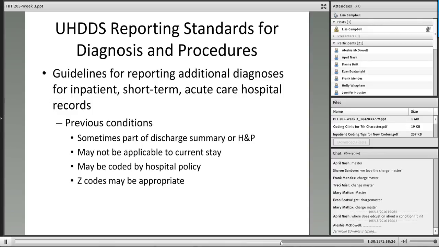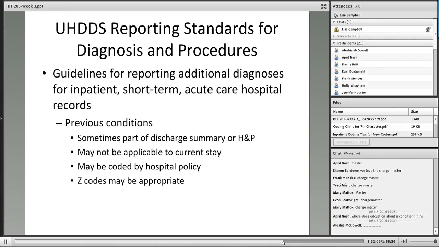So in some instances, previous conditions may have a Z code. For example, a patient has an allergy to a medication. That's a Z code. Patient is an alcoholic and we do education, April.